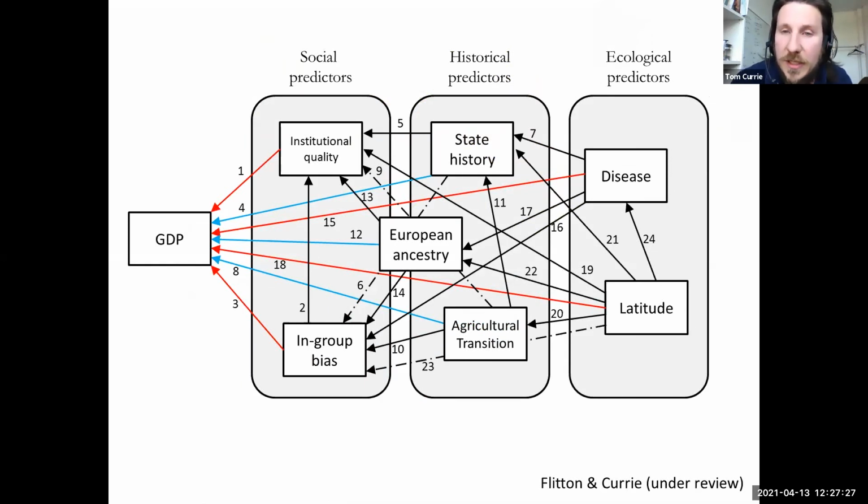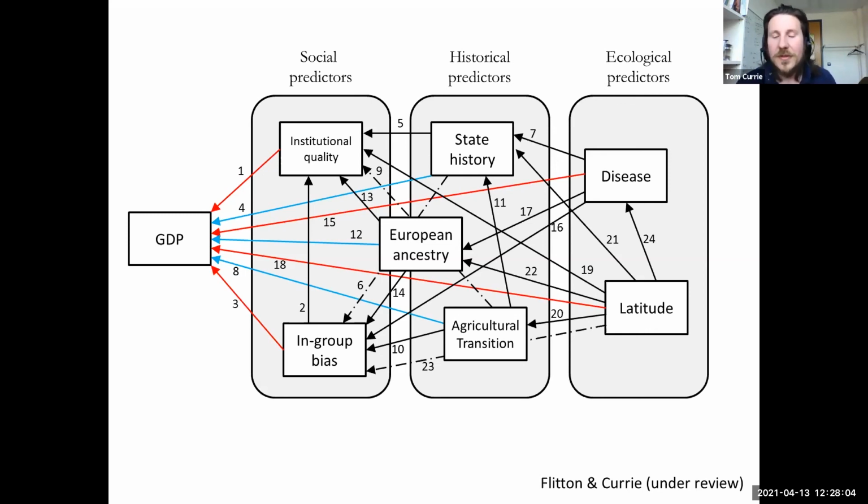I had a PhD student, Adam Flitton, who looked at this during his PhD, and we wanted to test different ideas. So we looked at the literature, and there's a vast number of different ideas that link economic outcomes to various factors to do with history or social factors or even ecological factors, and they vary as to whether they envisage some kind of direct effect of these different variables on modern day outcomes.